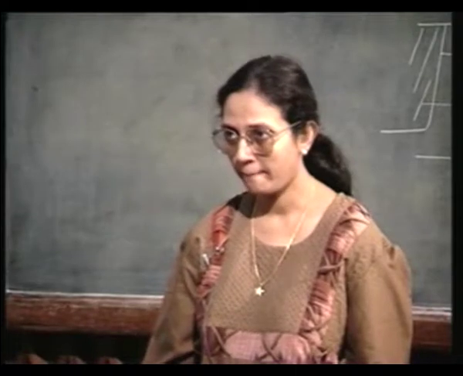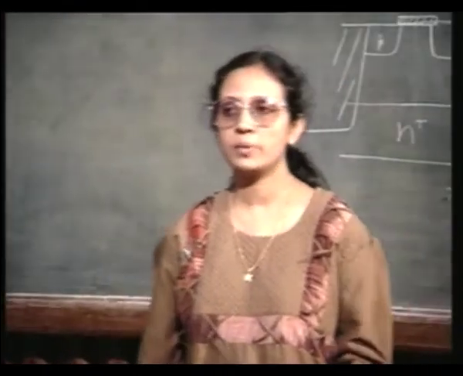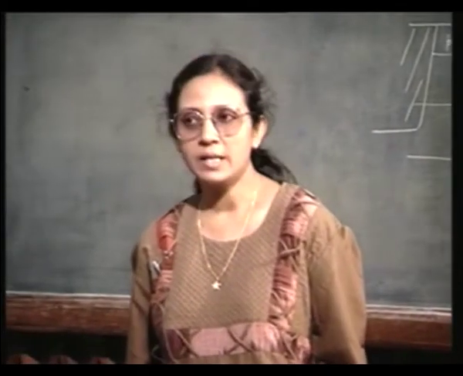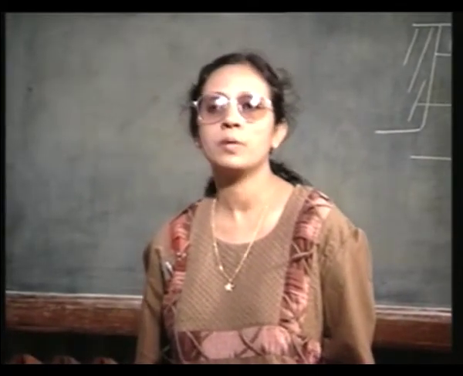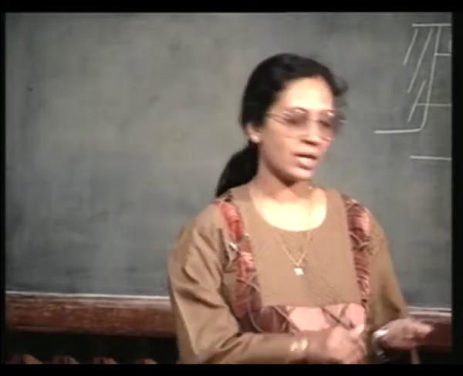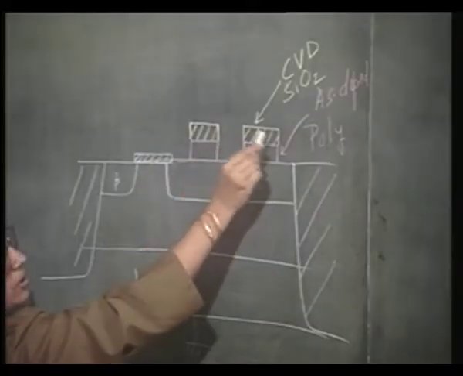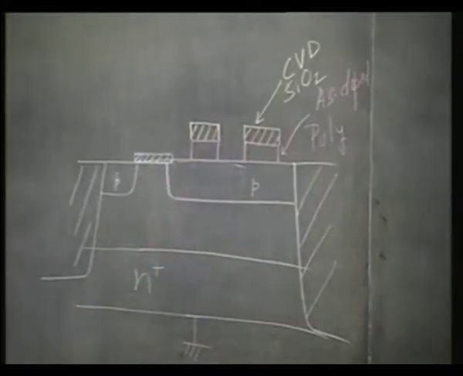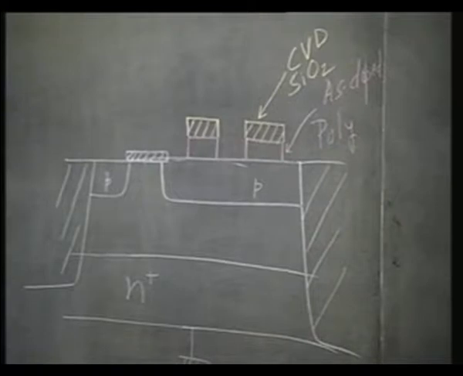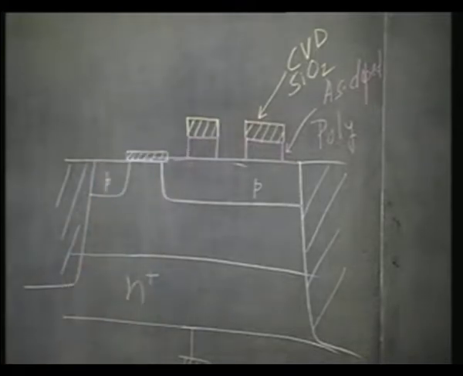Now you see, my next job is to find out where I should put my base contacts. You know that I should have multiple base contacts, that is I should have one base contact here, one base contact here, like that. At the same time, you know that the base contact should not be in touch with the collector.